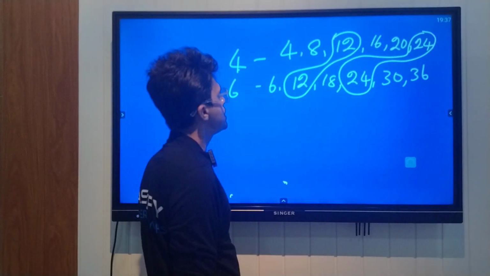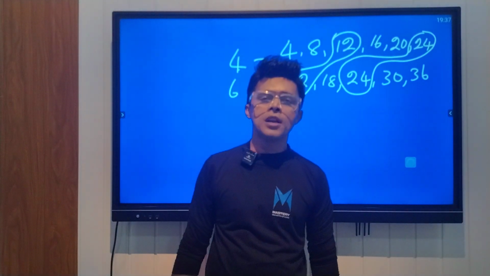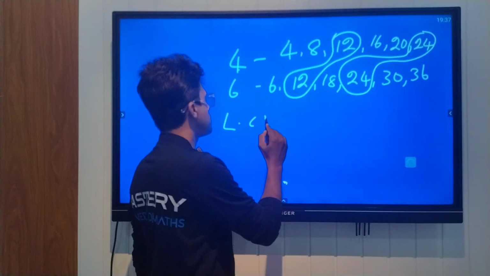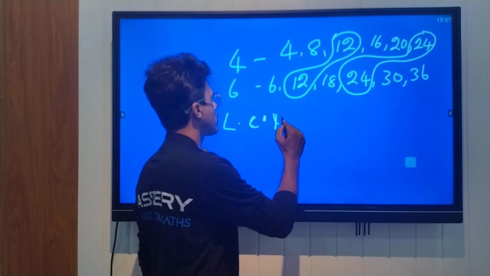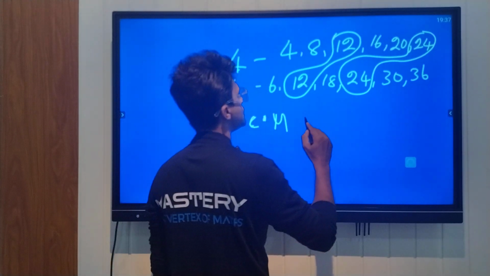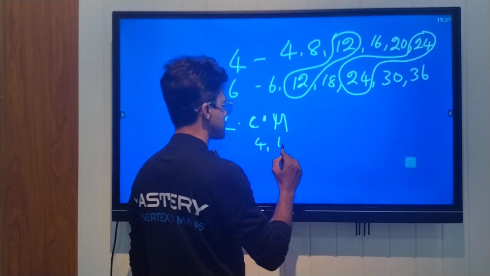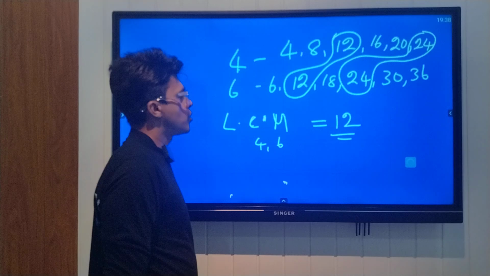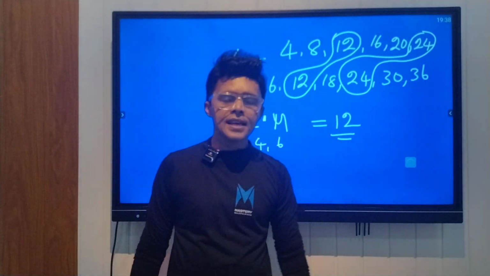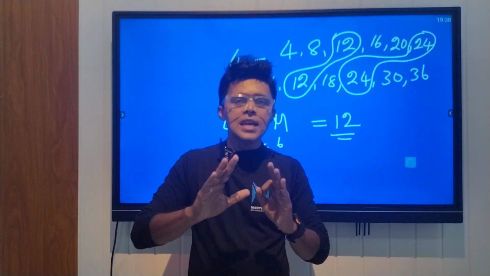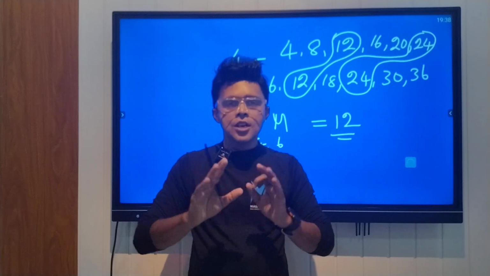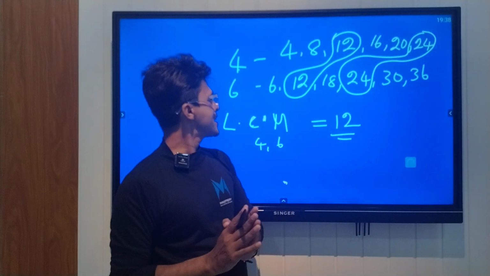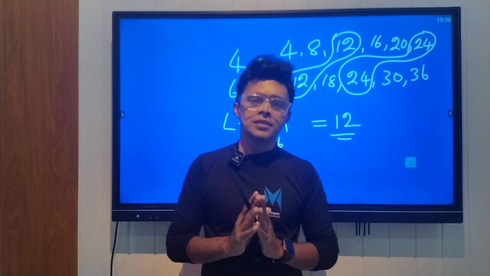So the LCM of 4 and 6 is 12. 24 also can be taken, but that is not the least common multiple. So the least common multiple of 4 and 6 is 12.